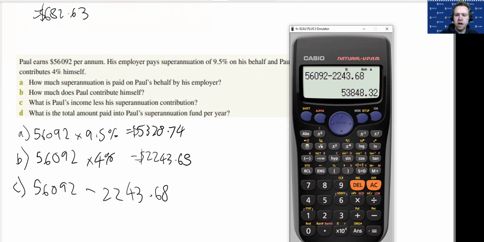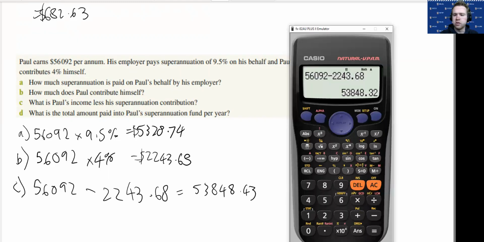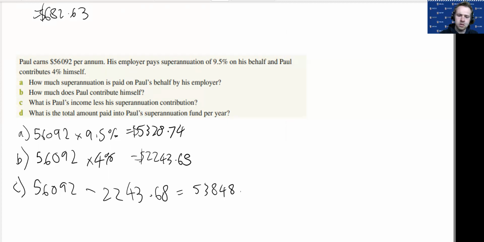Okay, 53848.32. Was that right? 32, sorry. Yeah. Okay, so that's basically how much he'll actually receive, because he's taken out that superannuation part.